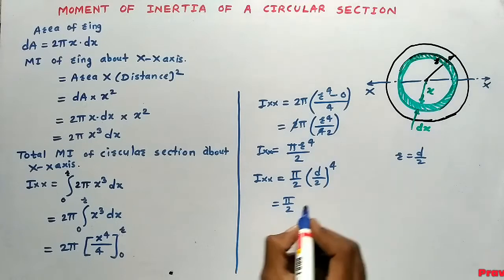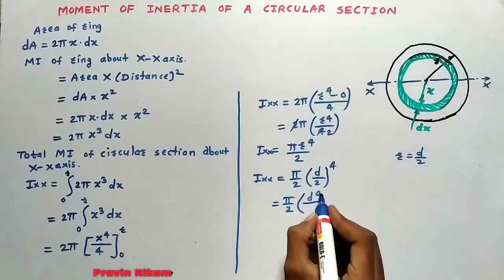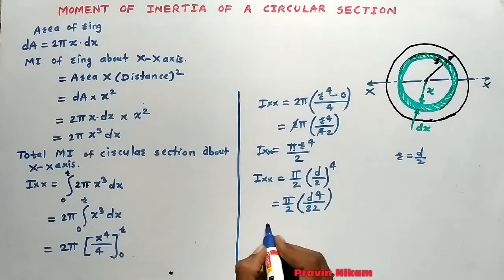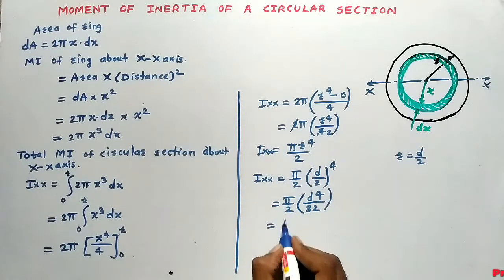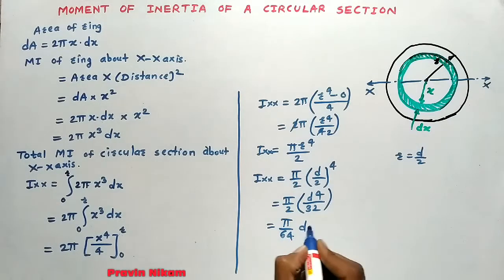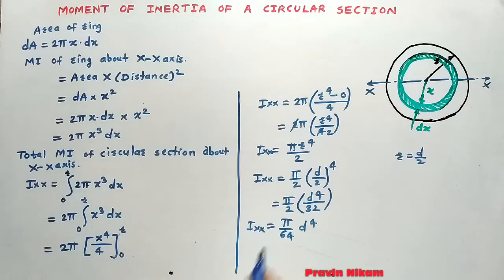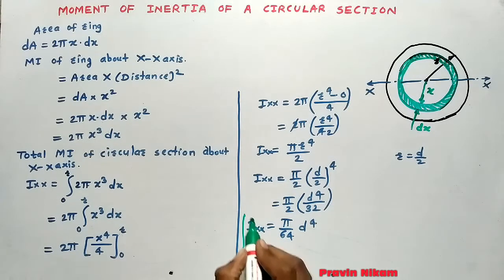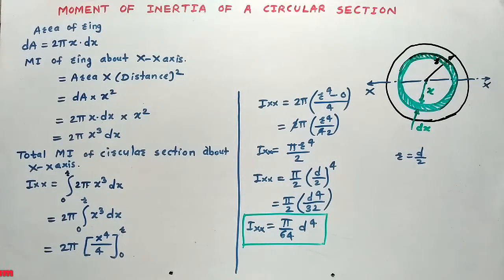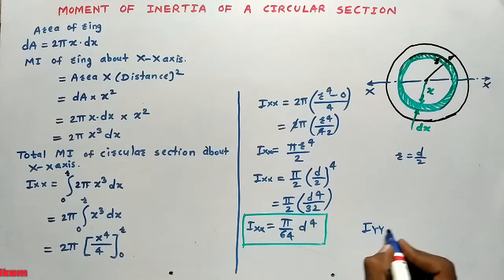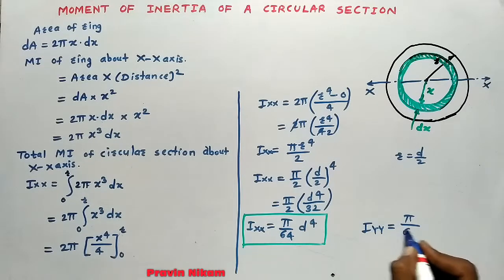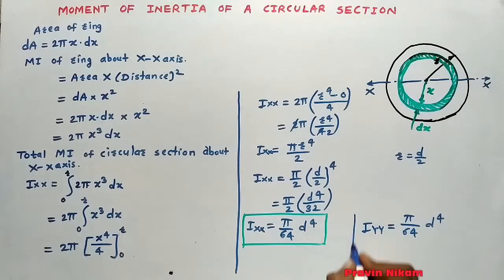That is equal to pi by 2 times D raised to 4 divided by 2 raised to 4, which is 16. So 16 into 2 is 32... So pi by 64 D raised to 4 is the formula for the moment of inertia of a circular section about the centroidal axis Ixx. So this is the formula for Ixx. And the formula for Iyy is the same in a circular section, that is pi by 64 d raised to 4.